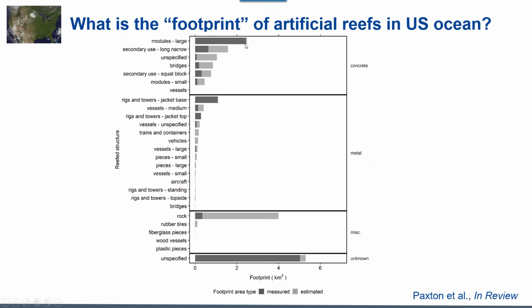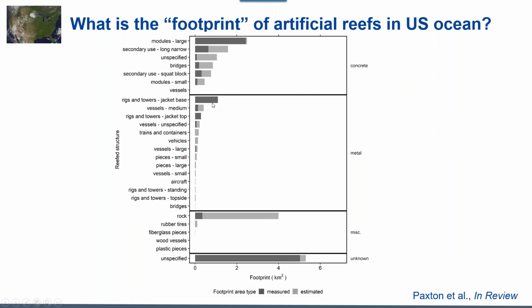For concrete, the largest portion of the seafloor is covered by large modules. These are modules that are about 2 meters tall off the seafloor, with relief or higher. We also have repurposed structures like concrete pipes that are categorized by a long and narrow shape, and unspecified concrete.